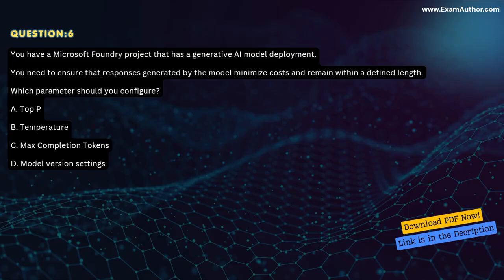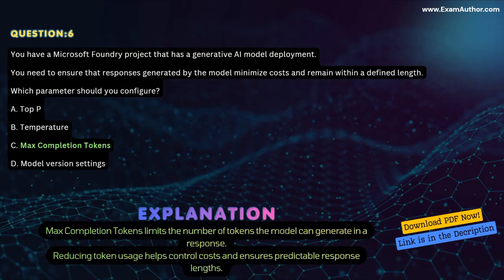C. Max completion tokens. D. Model version settings. Answer C. Max completion tokens. Explanation. Max completion tokens limits the number of tokens the model can generate in a response. Reducing token usage helps control costs and ensures predictable response lengths.